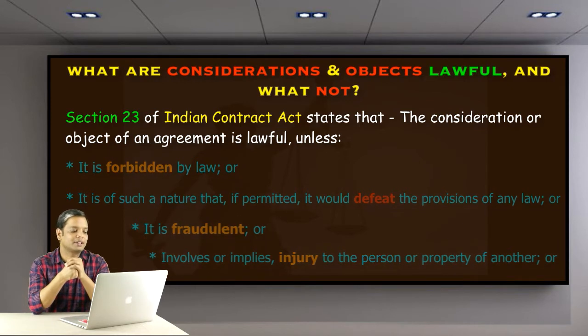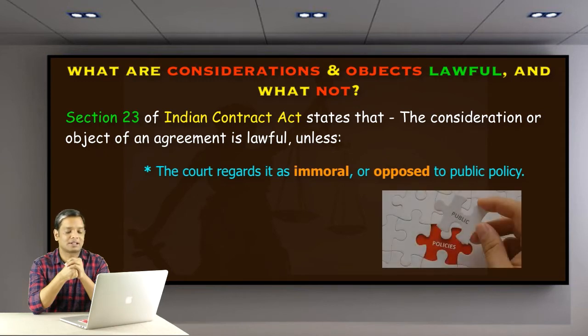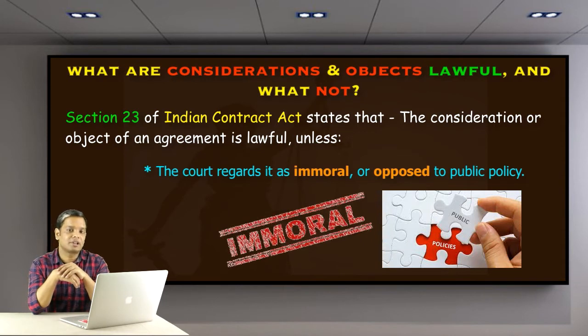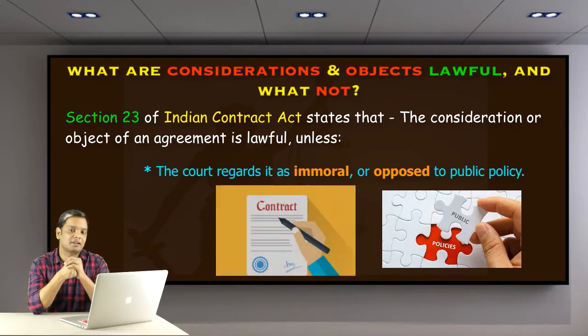Next, the court regards it as immoral or opposed to public policy. If there are certain acts which are not directly illegal but immoral, even those trades are not allowed, and hence you cannot make a valid contract based on those items or trades. So these are some of the explanations of lawful object.